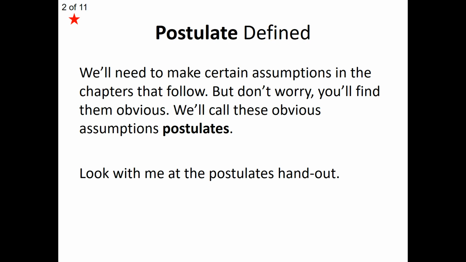There exists precisely one line between those 2 points. If I put 2 points down, I can draw a line between them. That is what we're going to be encountering in today's lesson. We're also going to see how these postulates lead us into what we call constructions.